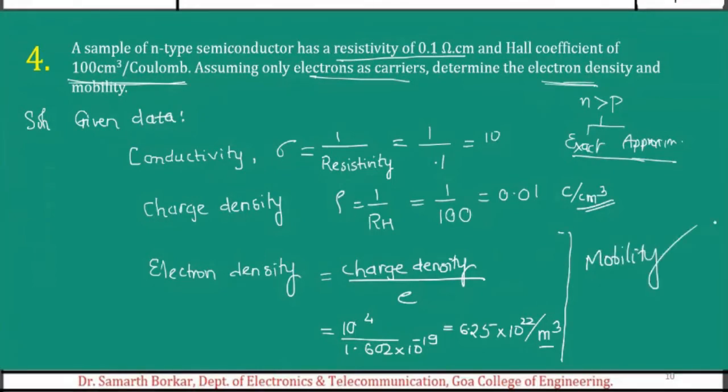Mobility mu is conductivity into RH product. So 0.1 into RH is 100 by 10 to the power 6. The answer is 10 to the power minus 5 meter square per volt second. This is problem number 4. And now I'll be uploading this video. You can pause the slide and you can revise this.